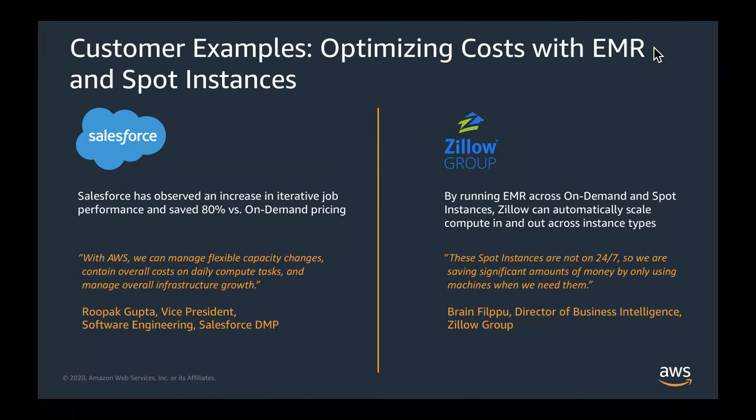What they found in this experience was that Spot instances are not on 24/7, so you don't have to commit to them or run them all the time. When you need to solve the problem, you run the job. They also found that the cost differential is significant, close to 70% compared to on-demand, and even compared to a 3-year RI, it was close to 30% savings.